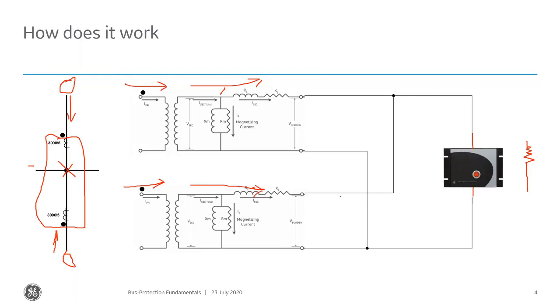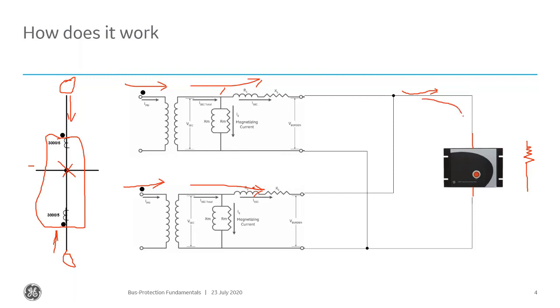Since the current is flowing in this direction, at this summation point it's going to go in this direction. In reality, it's going in that direction because I'm forcing current into the CT secondary here, so that impedance of the CT circuit looks a lot larger than the actual 2000 ohm resistor.